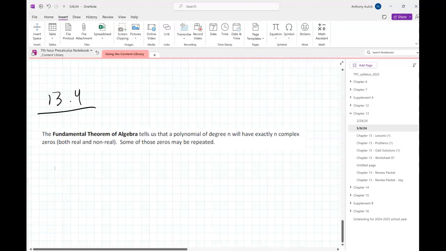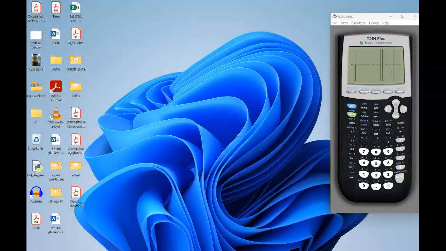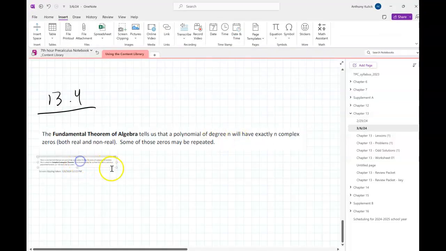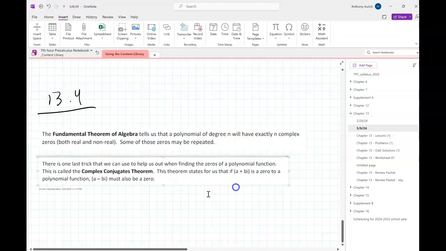The second piece is going to come from identifying these imaginary or complex solutions. So our theorem here is called the complex conjugate solution.